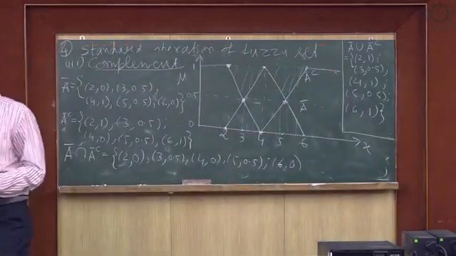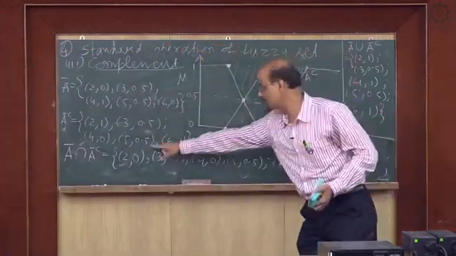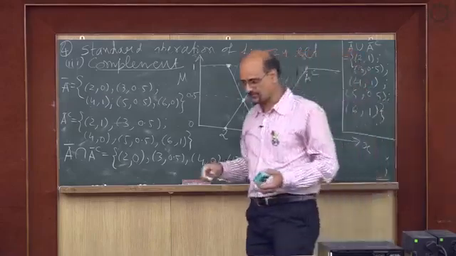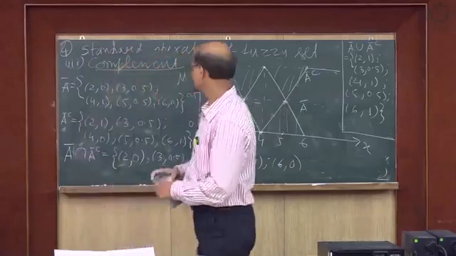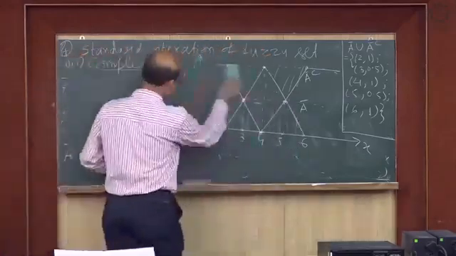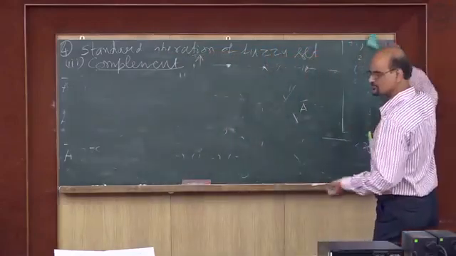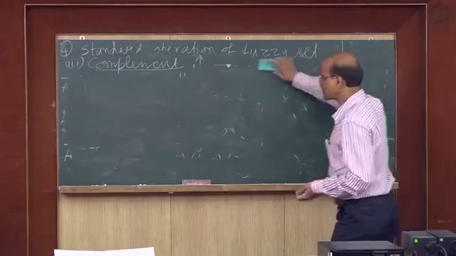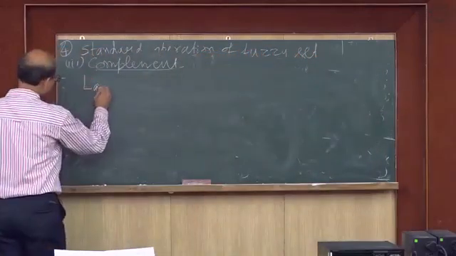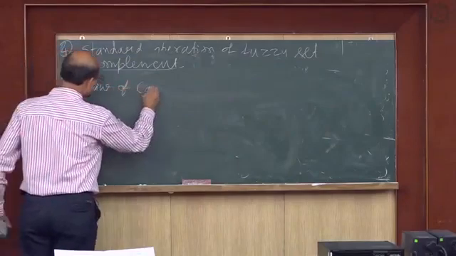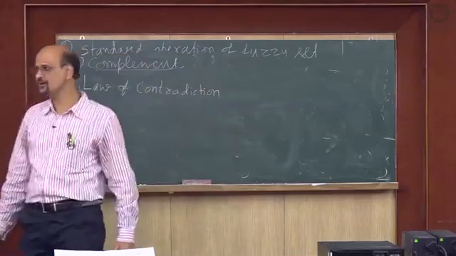So, these are two very important results, whatever we are getting with union and intersection, and I wrote something there. What was the name? Law of contradiction. In classical set theory also, we say law of contradiction, and another one, law of excluded middle.